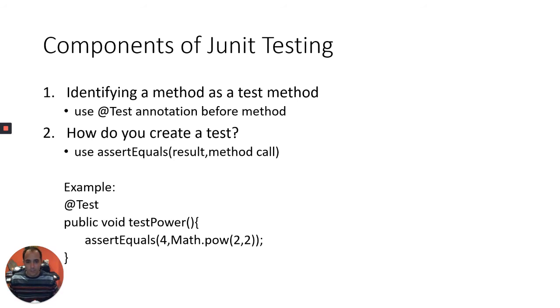If they're not equal, it gives you a thumbs down and says, whoa, something has gone wrong inside this method. It's way more complicated than that, but at its base level, you create a test, you use this method called assertEquals, which basically says assert that both parameters are equal, and then it tests it. So here's a nice, easy example.